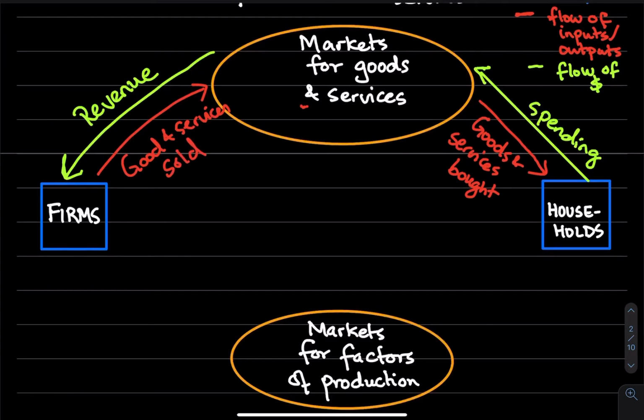Now, since firms are the ones that are supposed to use factors of production to produce this coffee, firms also have to make payments to the workers in terms of wages, and maybe they're renting out a space for their coffee shop, so they have to pay rent on the land, and any profits would flow back into the market for factors of production, which are, remember, owned by households.